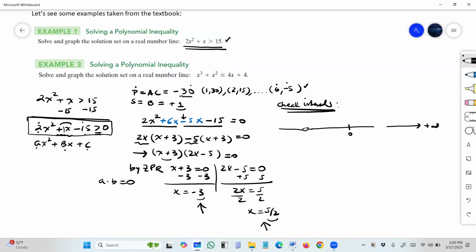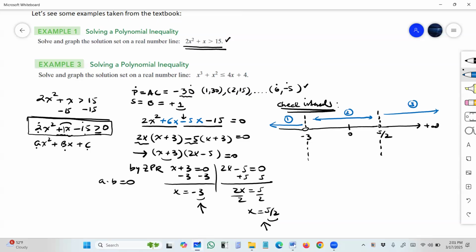So I'm going to put here negative 3, and I am going to put here 5 over 2, okay? And again, the real line is divided into 3 segments. This is the first one. This is the second one. And this segment is the third one.